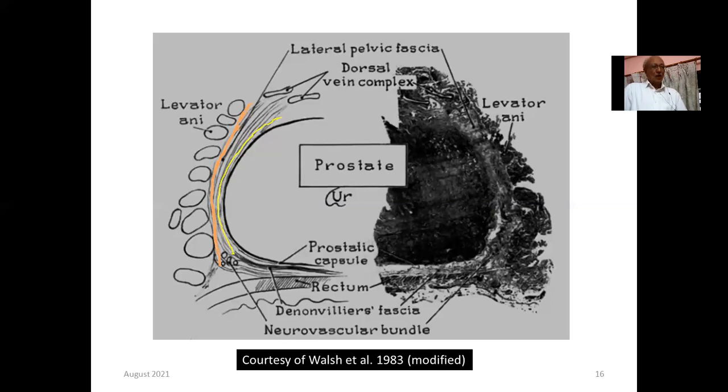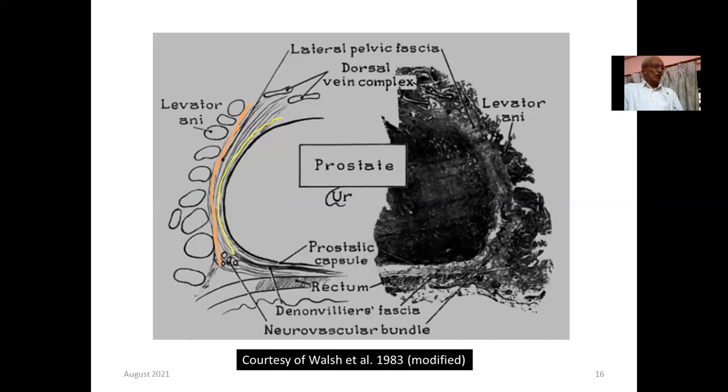So the cavernosal nerve. Very important in such surgery is maintaining the continence and the potency. After surgery, there should not be incontinence and impotence.